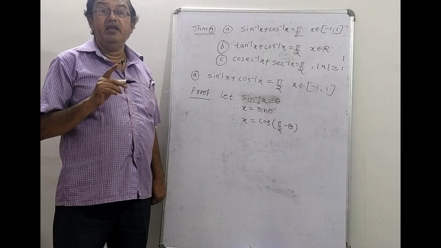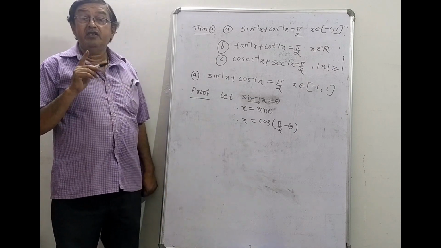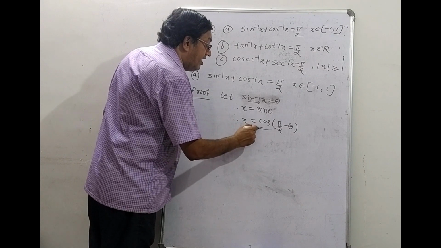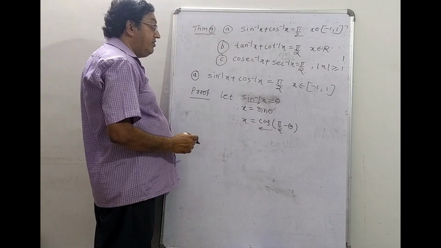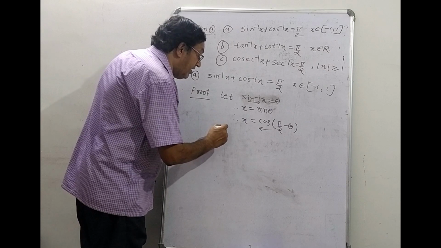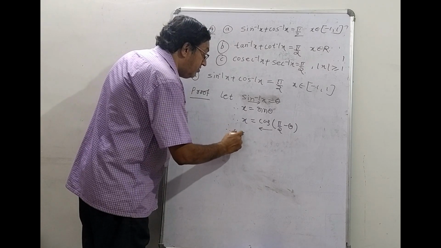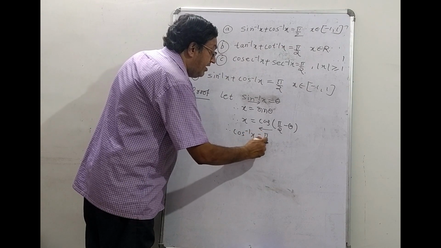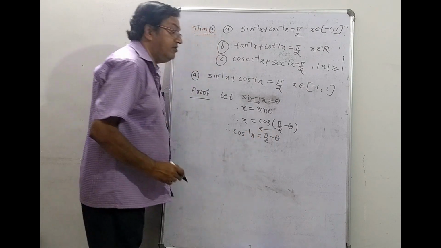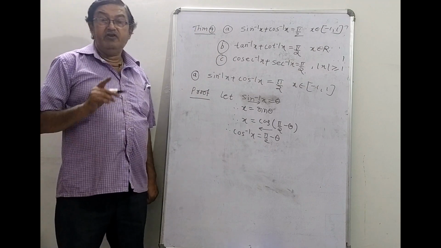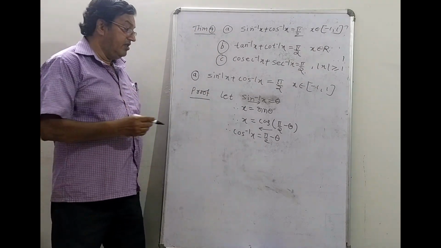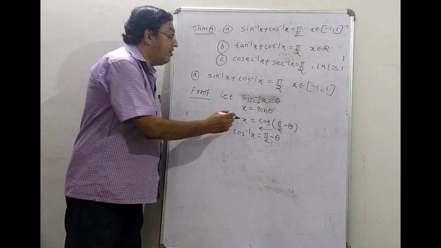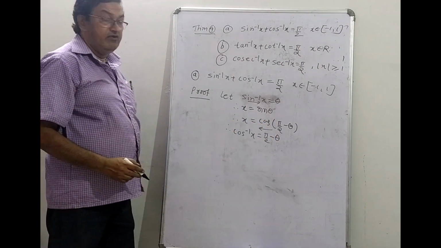Now this cos, if I transfer it by using the definition of inverse trigonometric function, we can write cos inverse of x equals pi by 2 minus theta.